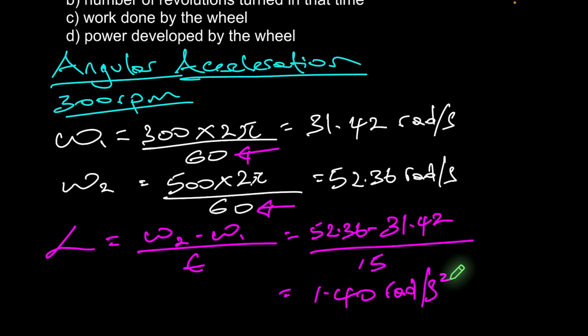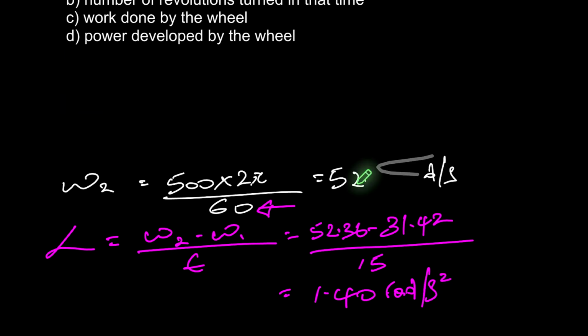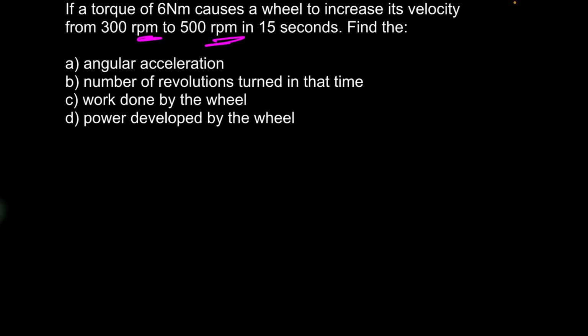So now that we have our angular acceleration, let's have a look at how we would calculate the number of revolutions or the number of turns made in that specific amount of time. For that, we're going to have to find the total displacement, so how far the wheel has turned in that amount of time.